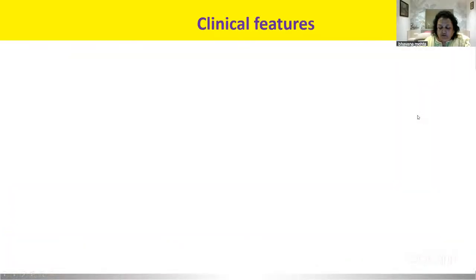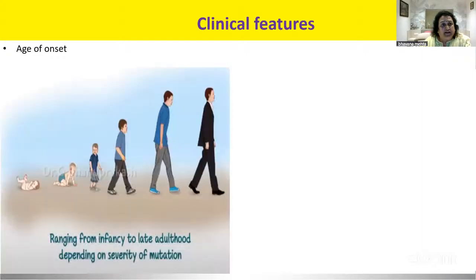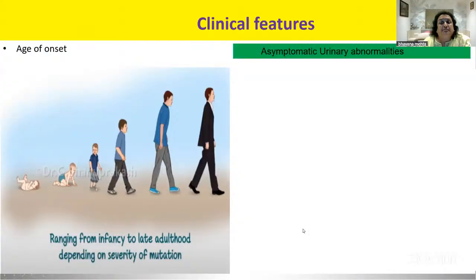Clinical features in Alport syndrome: the age of onset can be anytime from infancy to late adulthood, depending on the severity of the mutation. Asymptomatic urinary abnormalities are a common form of first presentation.